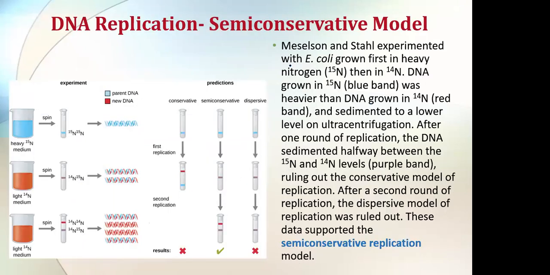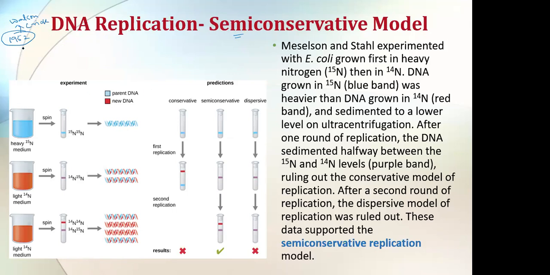Now, which one is actually the correct way, or which one do most organisms follow? Now we know that most organisms follow the semi-conservative model, but how do we know it? 1952 was the year Watson and Crick published the DNA double helix structure.